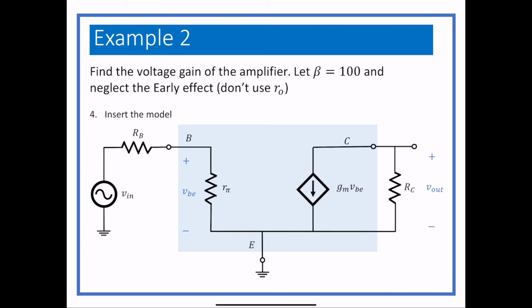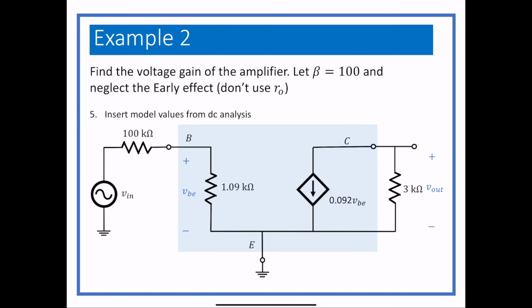We take the values that were determined from the analysis and just put them in. So we put in the R-pi value, the GM value, we put in the resistor values, and then we have a complete model circuit, and we just want to figure out what the gain is. We can analyze it. VBE is going to be the voltage division between the 100K and the 1.09K.